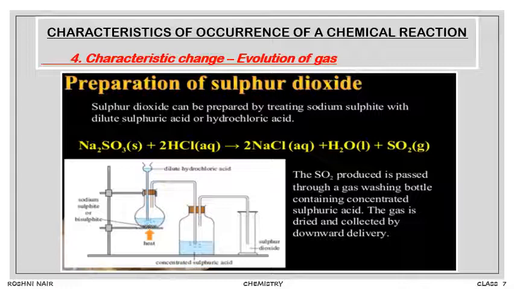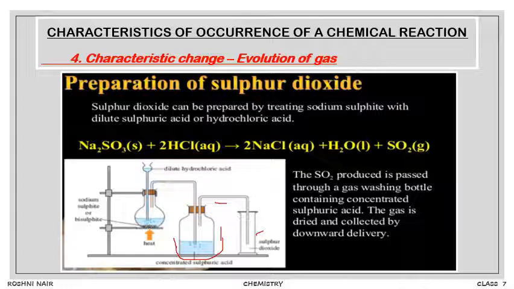The gas is dried. As I mentioned in the previous picture also, this is the way a gas is dried. So the gas is dried and then as a product it is collected here. What is this? This is a downward delivery method.